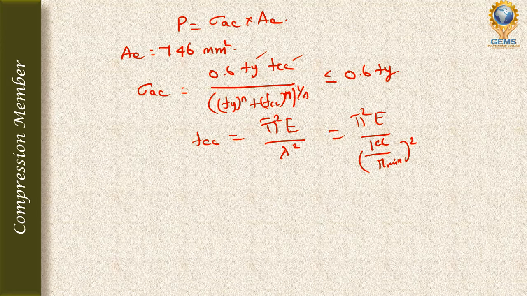In this question, it is clearly given that it is a discontinuous strut having a single angle connected with one rivet. So KL is equal to 1.0 into L, that is 1.75 meter, or 1750 mm. This is our effective length.